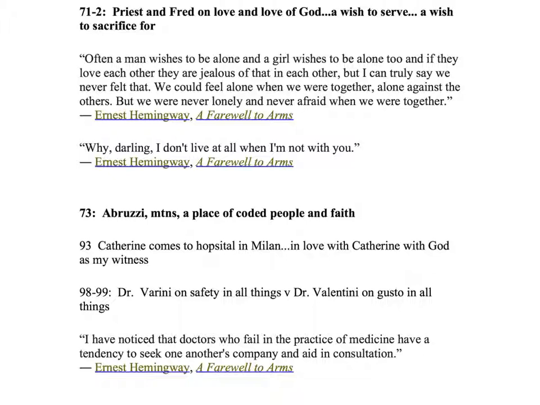Now, let's talk a little bit about the relationship that's emerging between Frederick and Catherine. Remember that the priest encouraged Fred to be in love, and then he'll love God, to make sacrifices for the one you love, to serve the one you love, and then we get this passage.